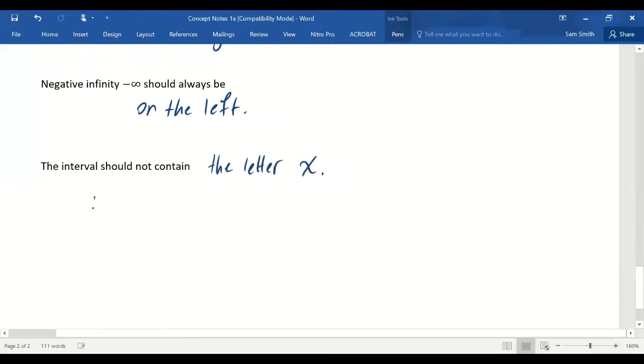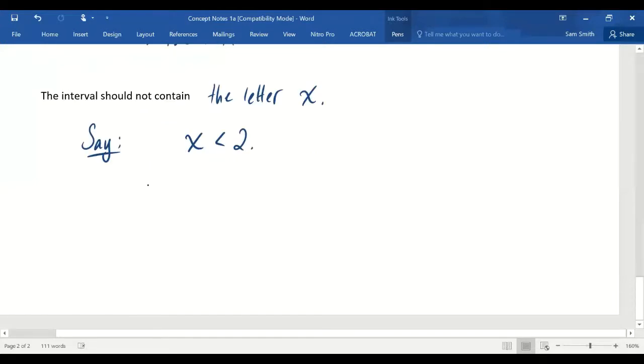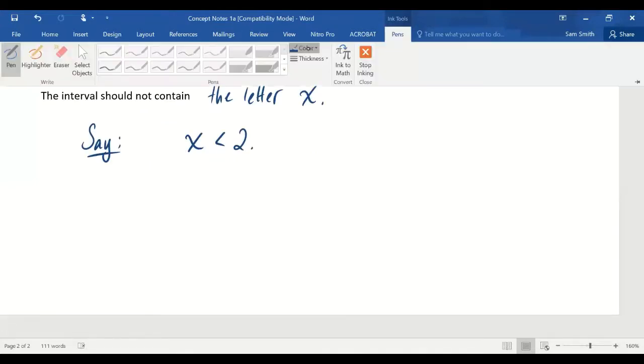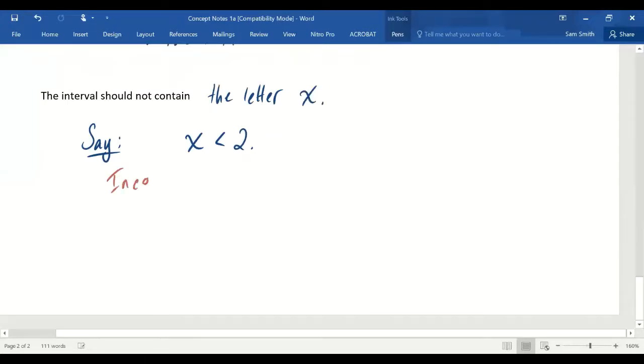So say someone was trying to express the following interval, say it was x is supposed to be less than 2. Here are all the ways that this might be written incorrectly. So let's make this red. Let's make this a nice angry color. Incorrect.